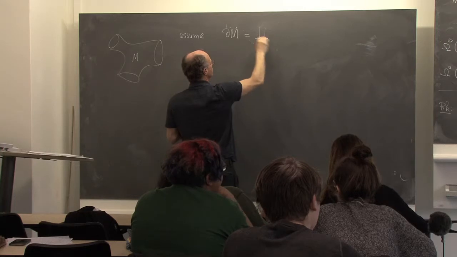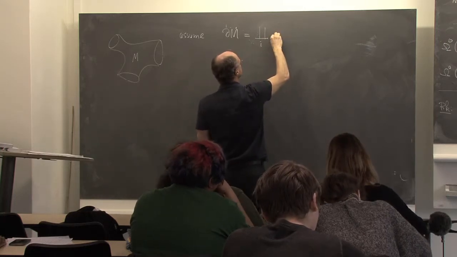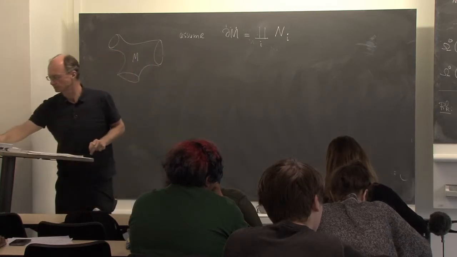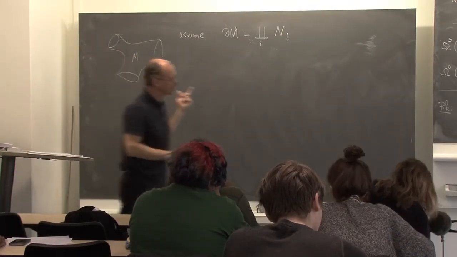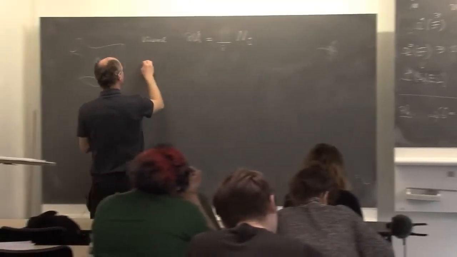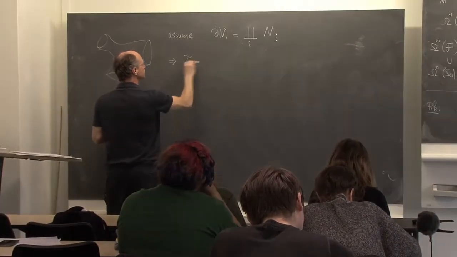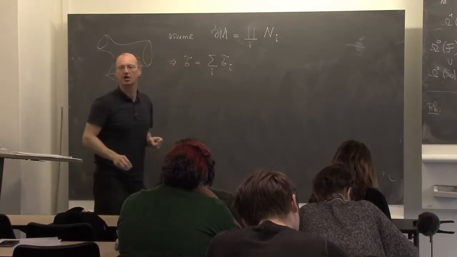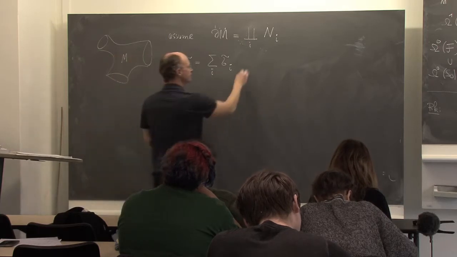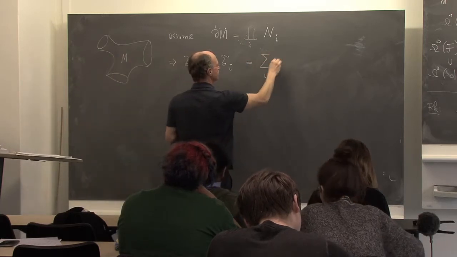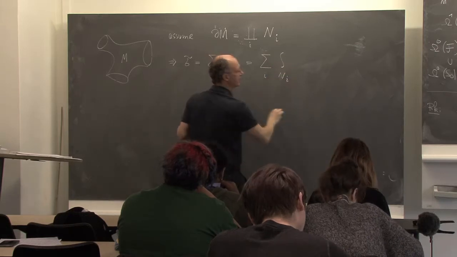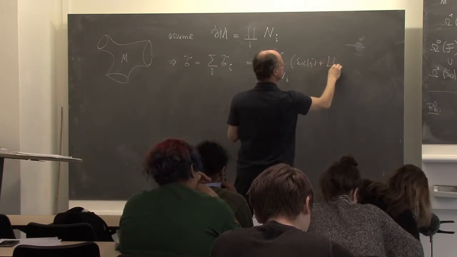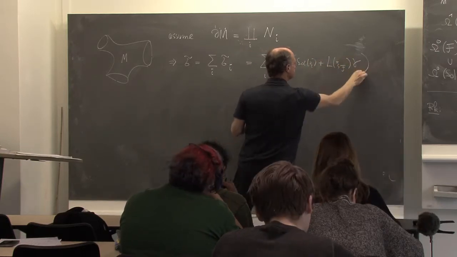So it's a disjoint union of some N_i's. Then sigma tilde is equal to the sum over i of sigma tilde i, because it's simply a sum of integrals over those N_i's of this form.